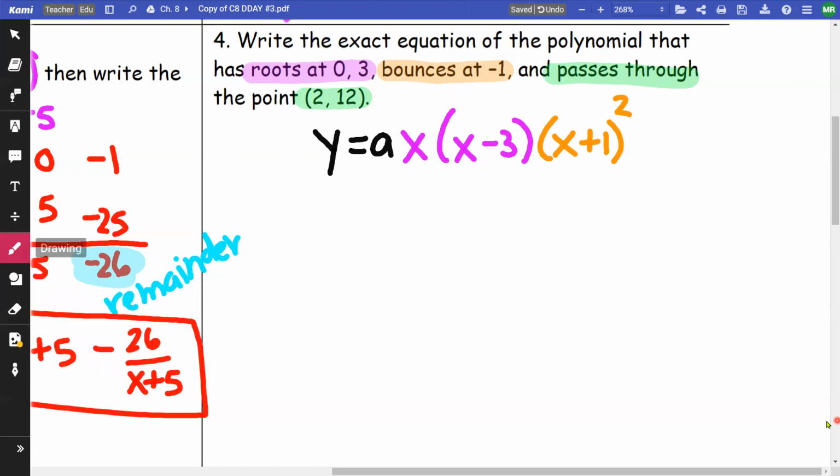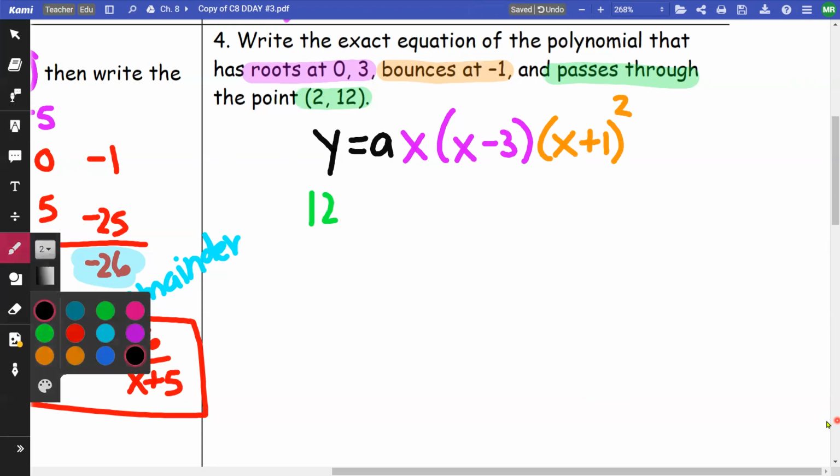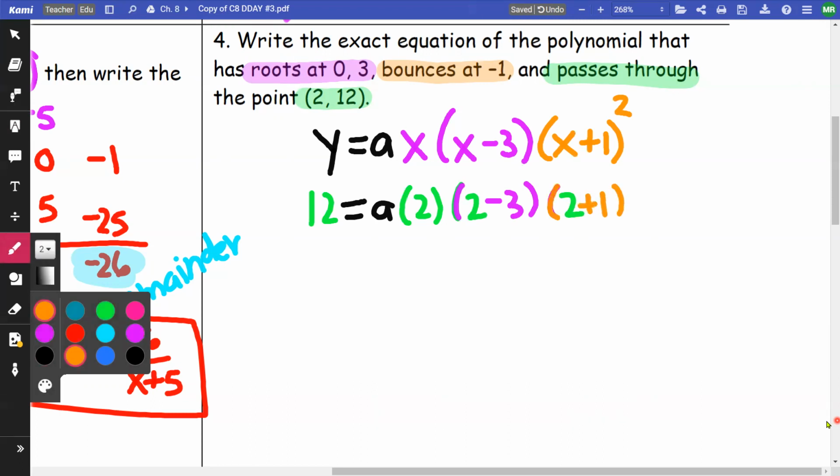And then I'm going to put in 2, 12 for my x's and y's. So I'm going to have times 2 minus 3 times 2 plus 1 squared, and then we're going to work it out.